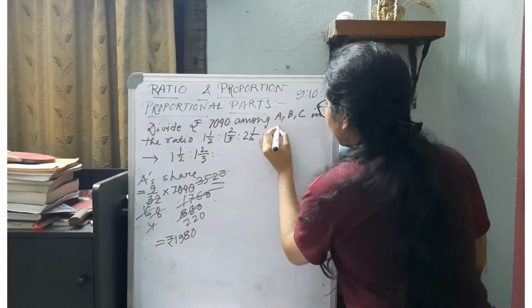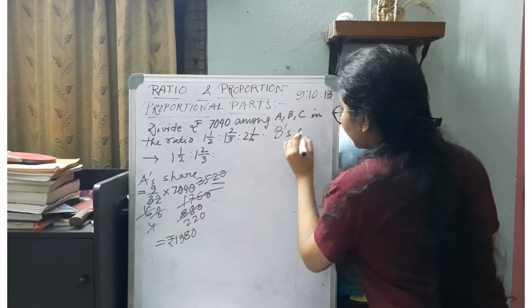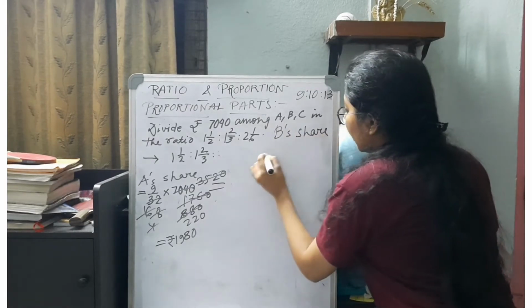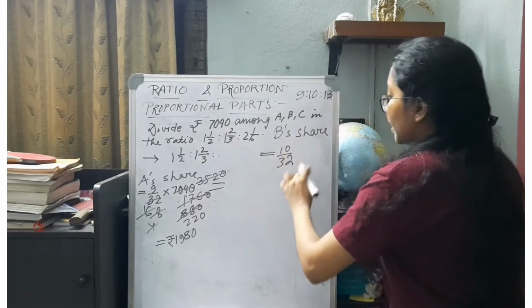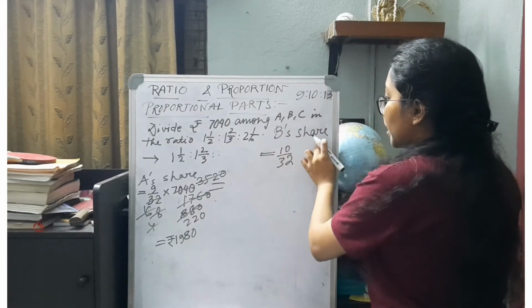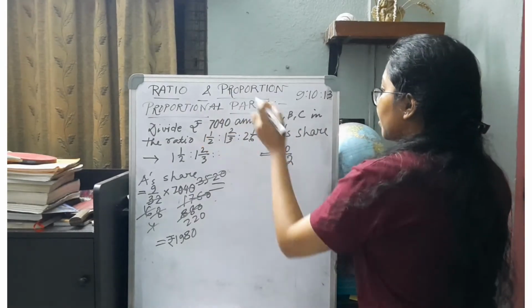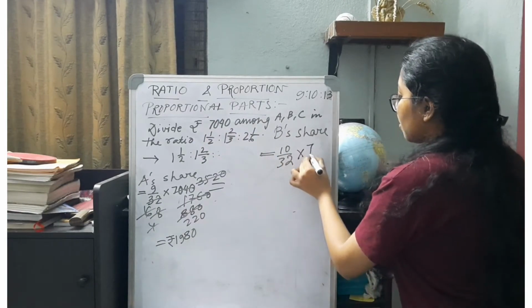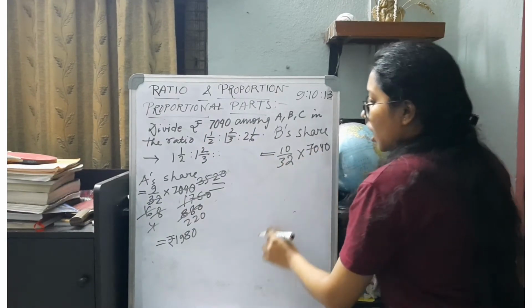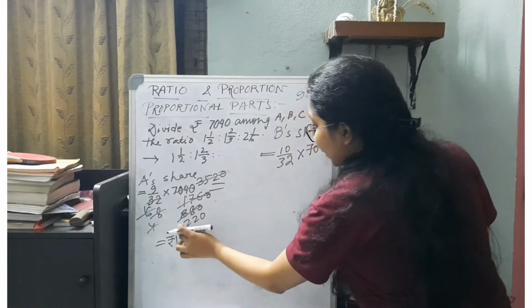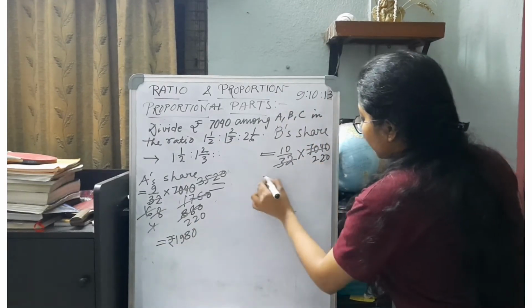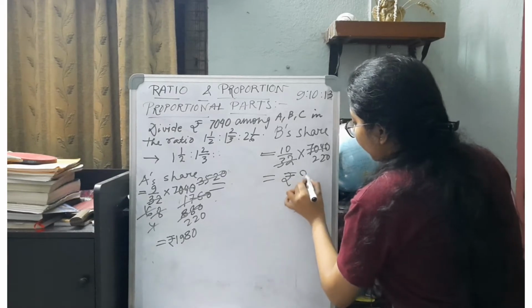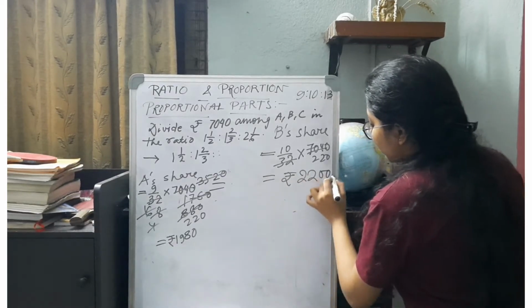For B's share, it is 10/32 of 7040. After calculating, we find that this amount is rupees 2200.